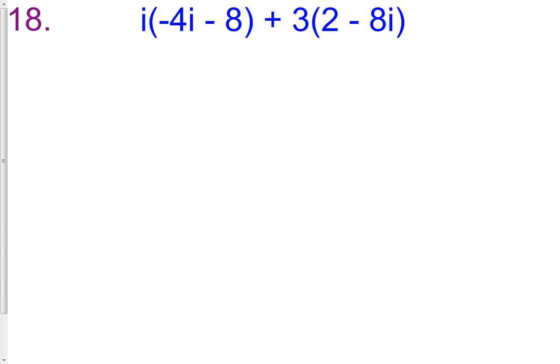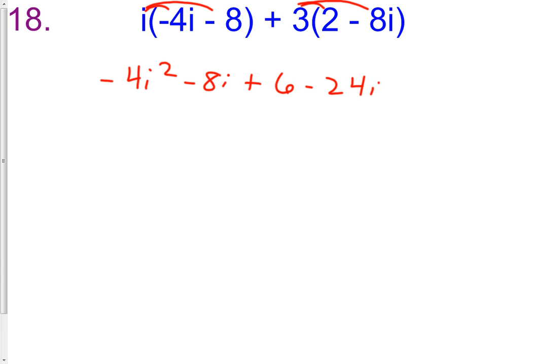And lastly, problem number 18. We're going to have the distributive property twice here. Once there, a second time there, and then we're going to combine like terms. So negative 4i times i is a negative 4i squared. i times a negative 8 is a negative 8i. Plus 6 minus 24i.